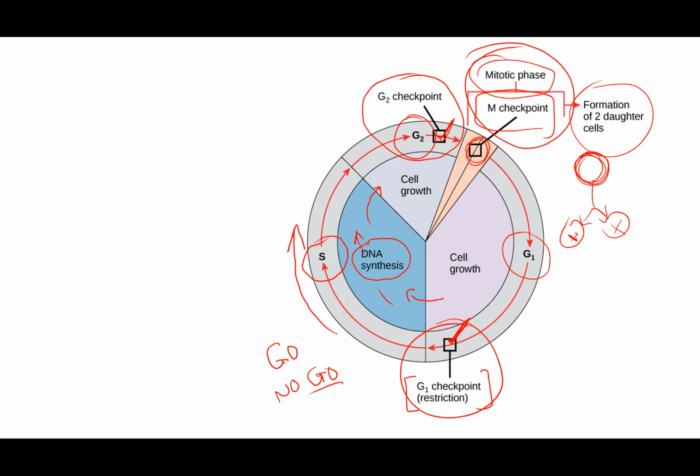There's another checkpoint right here. So what we want to do here is verify that as we go through all those phases here, PMAT, including prometaphase, we need to verify that everything is okay, especially at the metaphase spot, right?